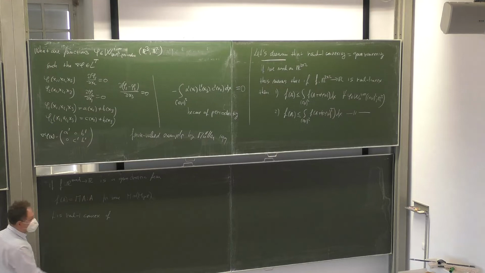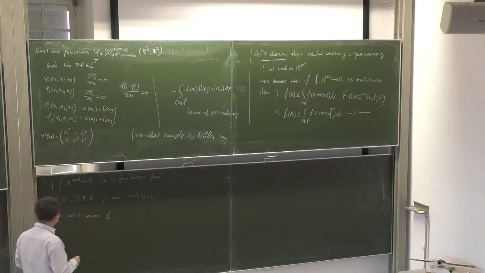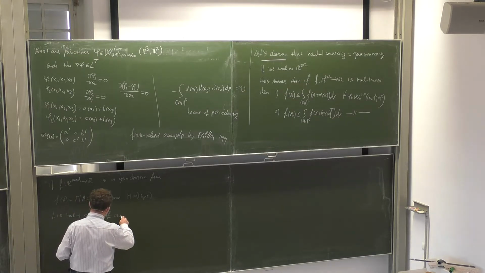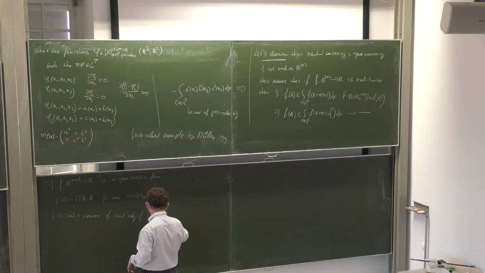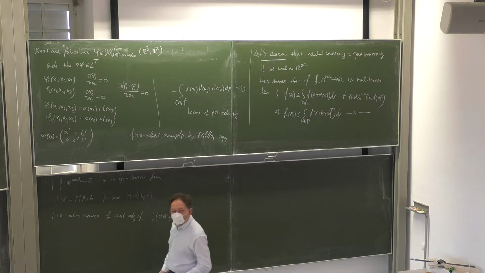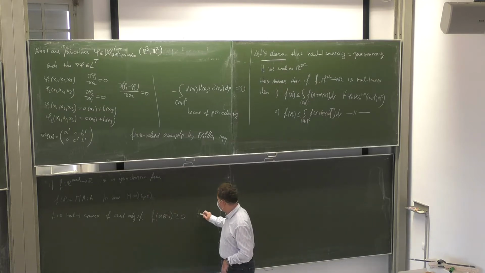So first of all, it's a smooth function. So you can use this Legendre-Hadamard condition if you want to check whether this is rank 1 convex or not. It is rank 1 convex if and only if f of a dyadic b is bigger or equal than 0 for every a in R^m and b in R^d.